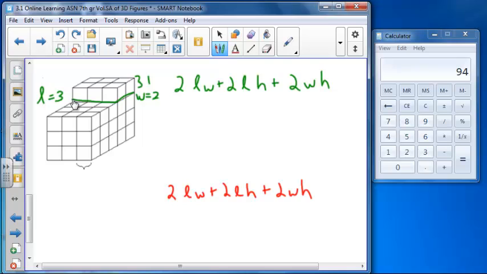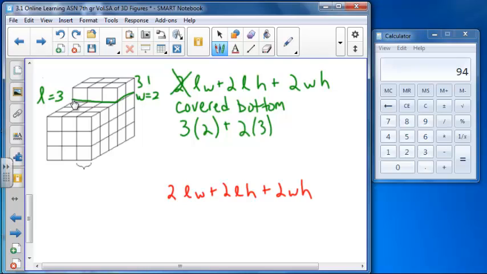When we consider the length and the width, like the bottom of the shape, we have covered up the bottom, which means we won't need to double the length and width. We will only need the top, 3 times 2. Then we'll need the front and back, and there are 2 of those sides.